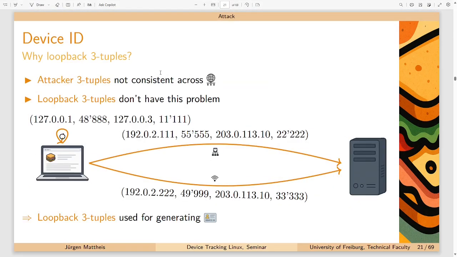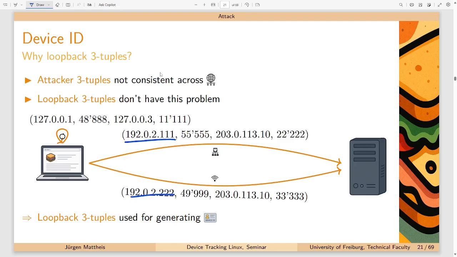And now you might ask, why do we need this? Why do we use loopback 3-tuples and not attacker 3-tuples? That's the case because attacker 3-tuples are not consistent across networks, but loopback 3-tuples are. For example, if you have a Wi-Fi dongle, a normal Wi-Fi card and an Ethernet connection, then often you get a completely different IP source address for each of these connections.